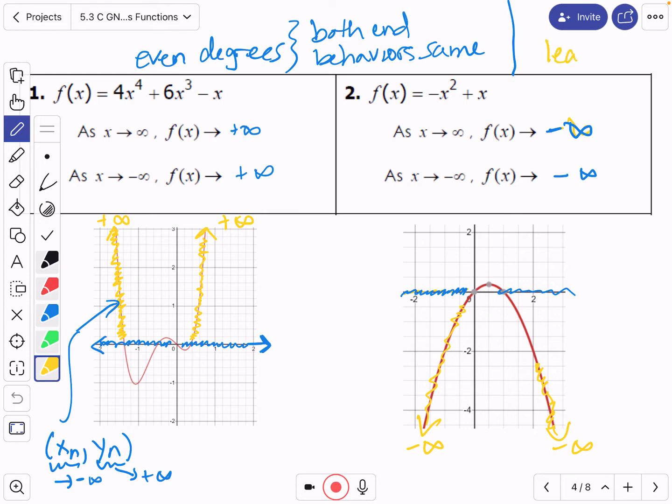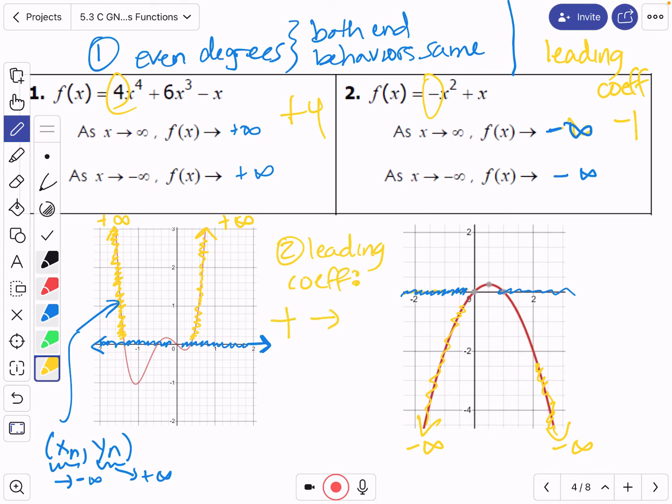So the other key is the leading coefficient, which over here is -1, and over here is +4. So first thing is degree, and second thing is leading coefficient. If the leading coefficient is positive, then it's going to head to positive infinity. And if the leading coefficient is negative, it's going to head to minus infinity. So those are the two rules for even functions.